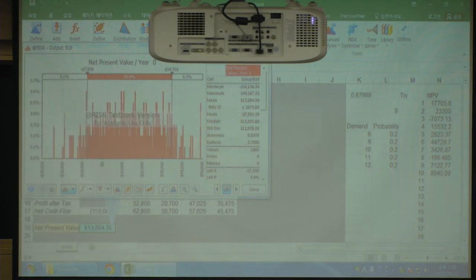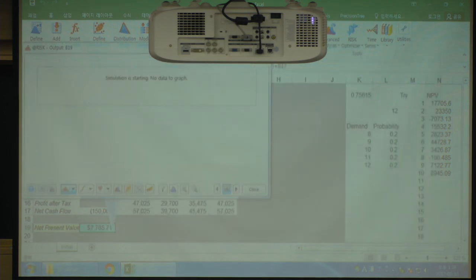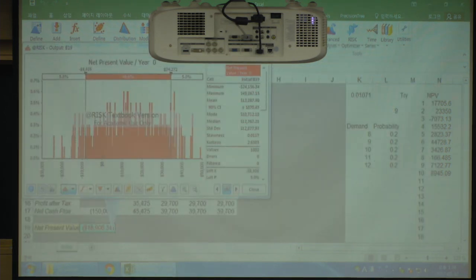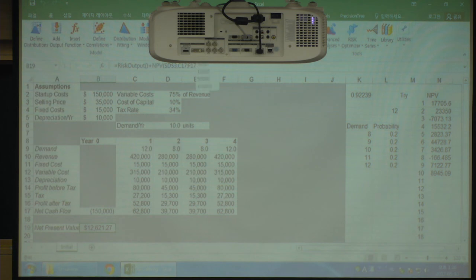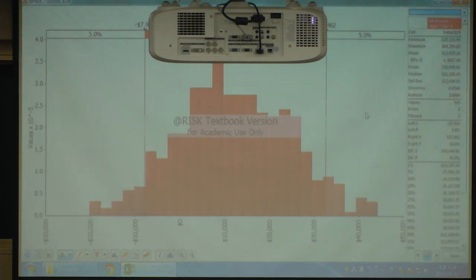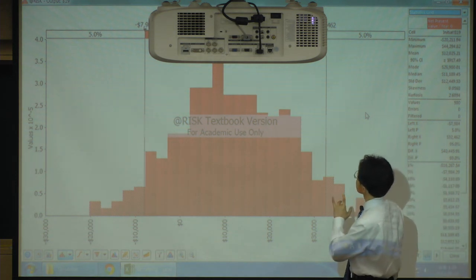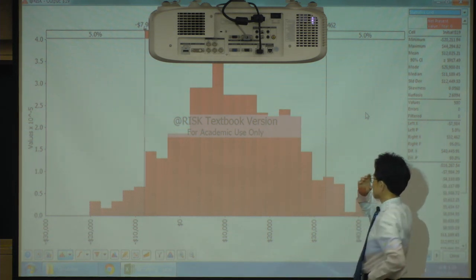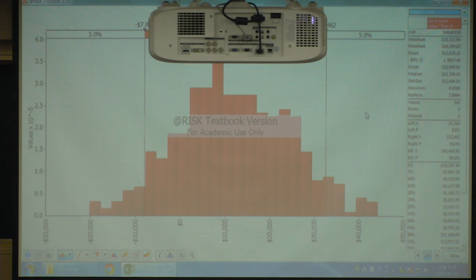Okay, so let me do it again because the picture is not that great. Okay, I want to change to 500 times rather than 1,000 times because it gives us a nicer histogram actually. So when I calculate the NPV 500 times, that's the distribution.